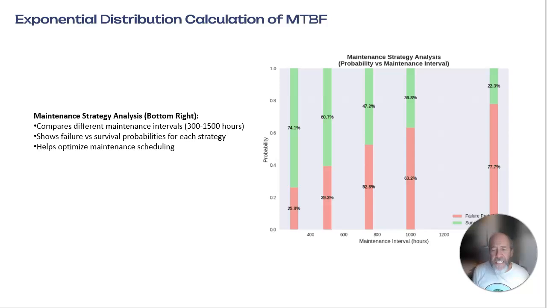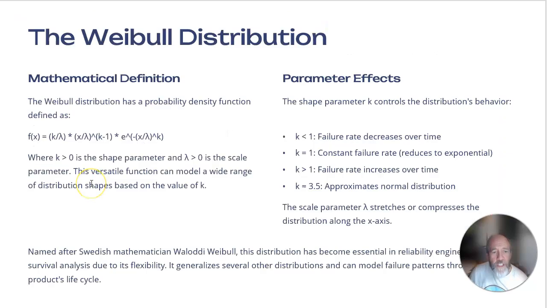Not everything fits it perfectly. And so we're going to look at another useful distribution called the Weibull probability distribution. In the Weibull distribution, we have more parameters.